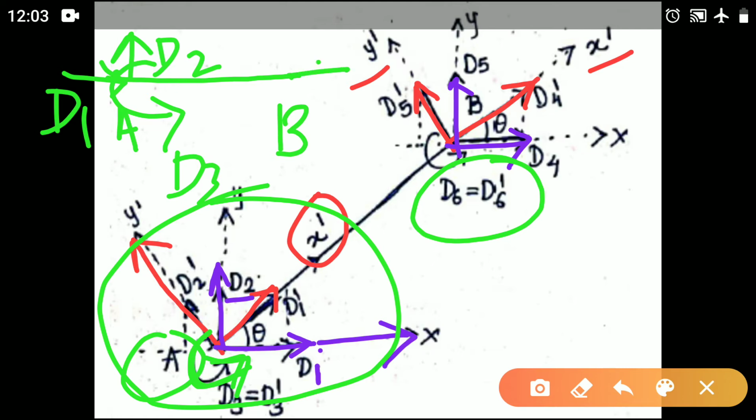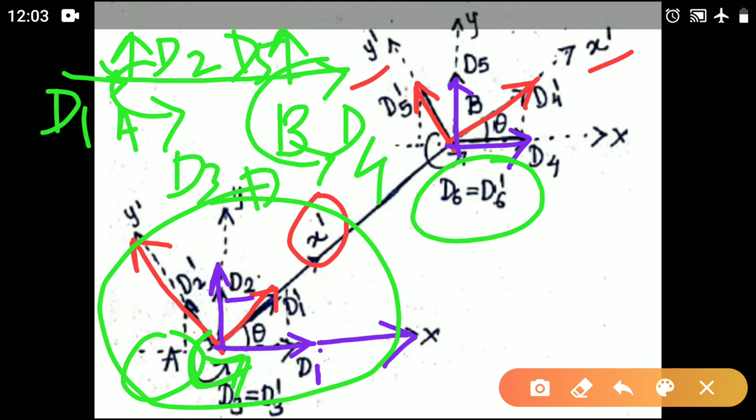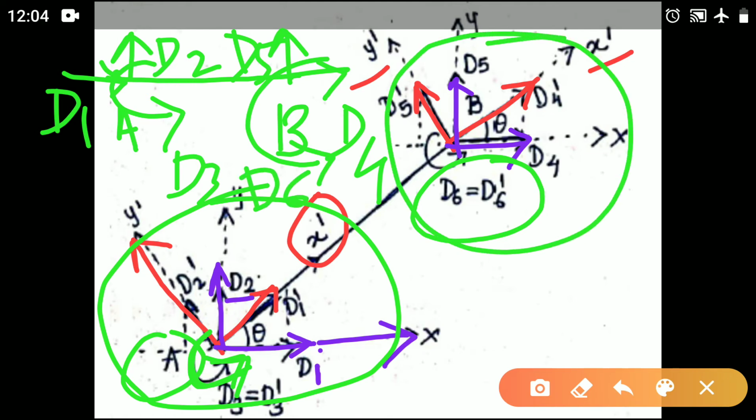Similarly at B, D4 is horizontal in the x direction, D5 in the vertical direction, and D6 in rotation. The same things are again shown at B in two coordinate directions, because now it is in an inclined direction, it is not a horizontal member. So in the inclined direction there are two different coordinate systems, local and global.